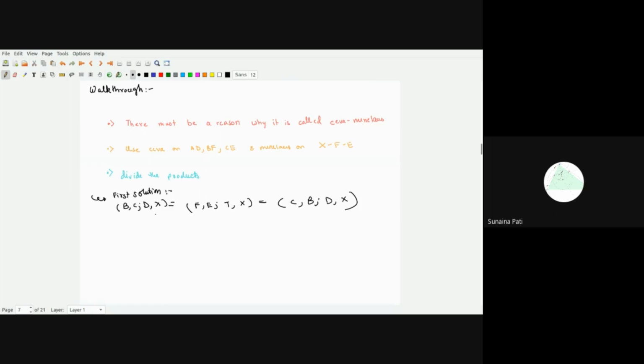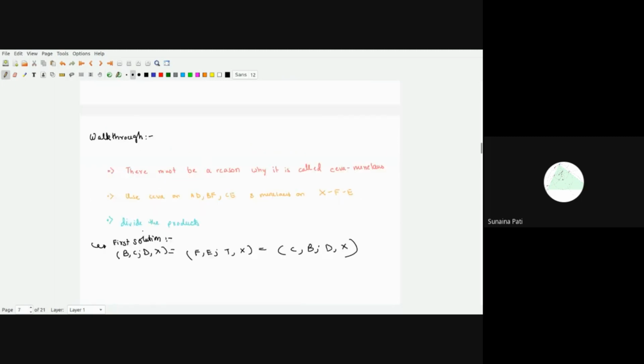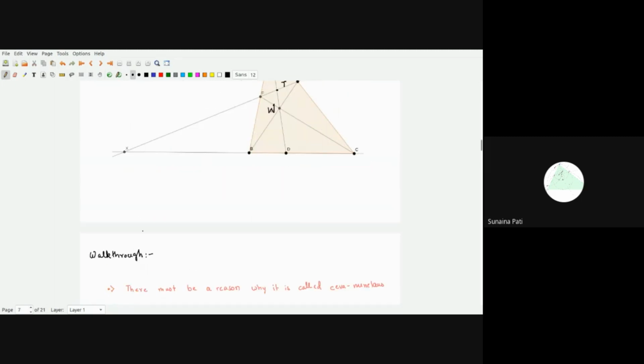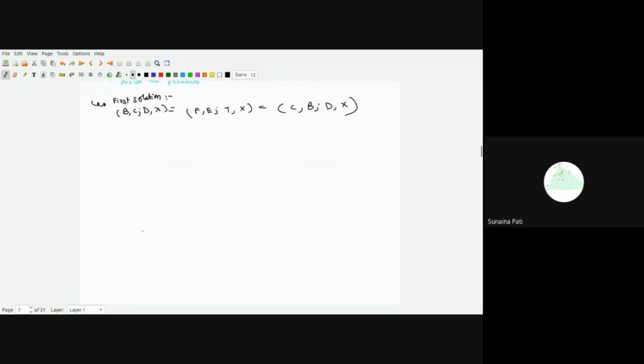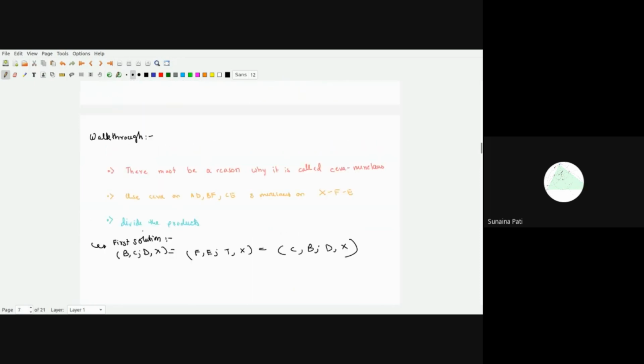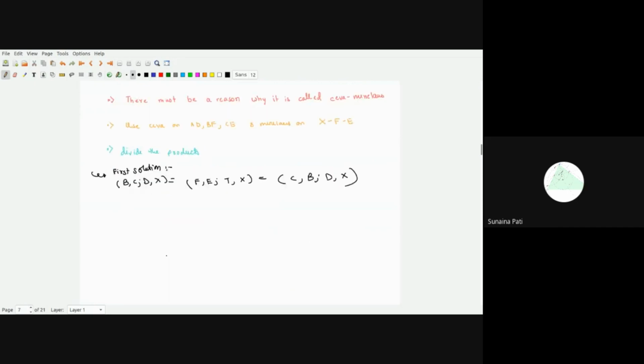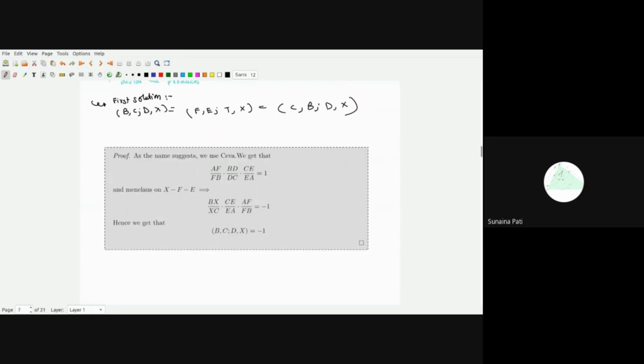Use Ceva on ADBFC and use Menelaus on XFE. And then you divide the products you get. I hope everybody has tried it enough. Hopefully, I'll just tell the proof.